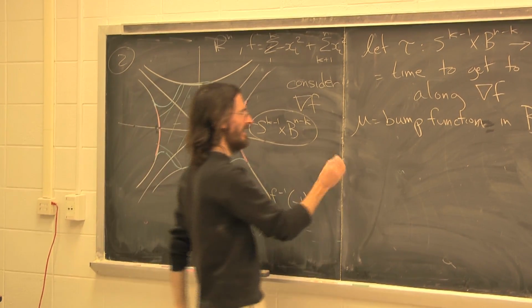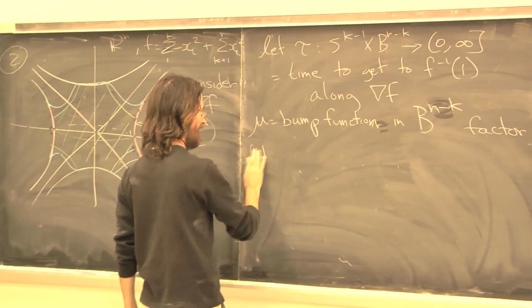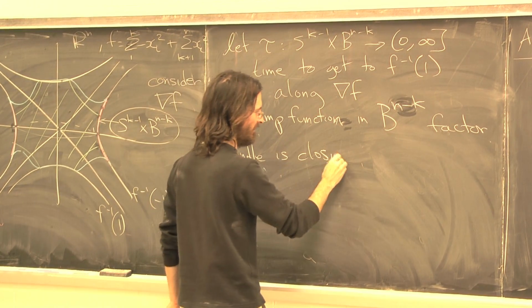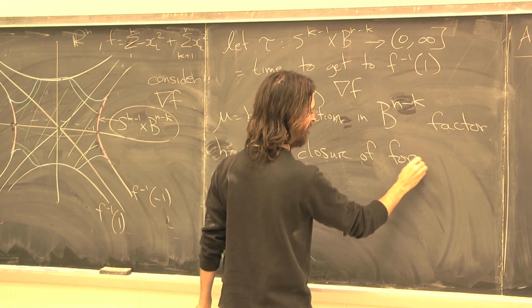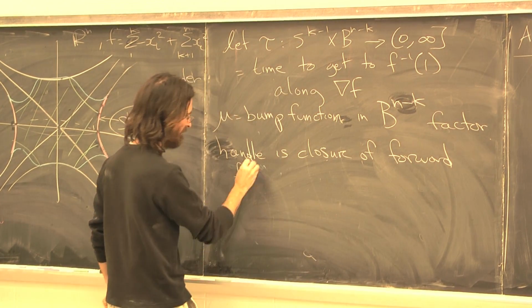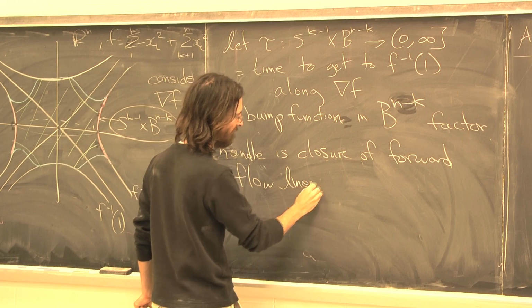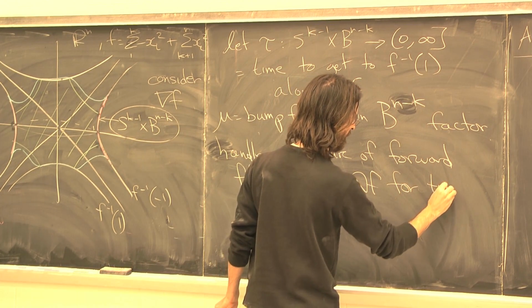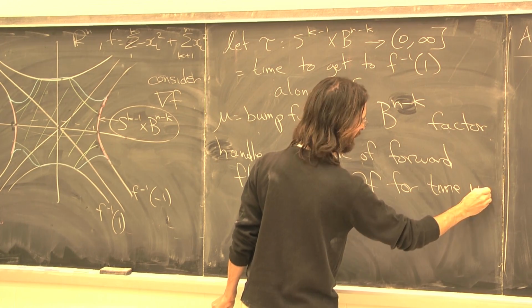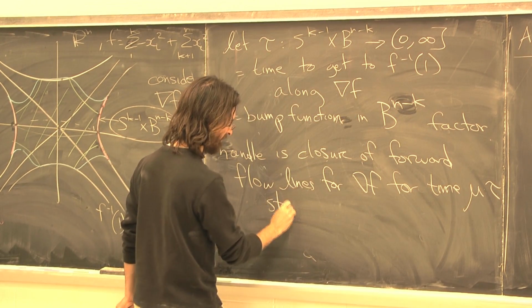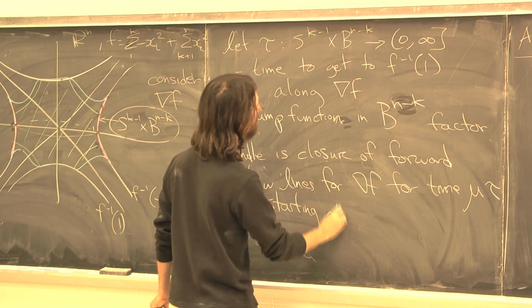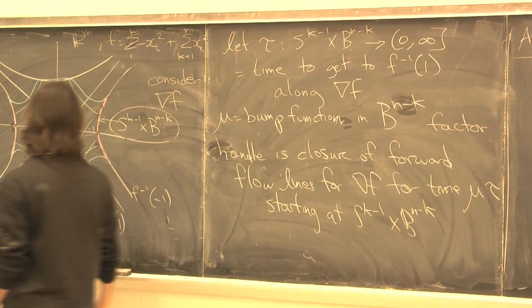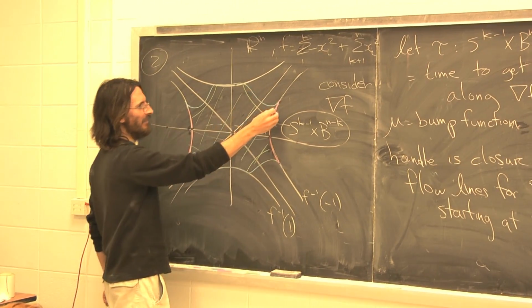And then I let my handle be the closure of forward flow lines for grad f at time mu times tau starting at the boundary.